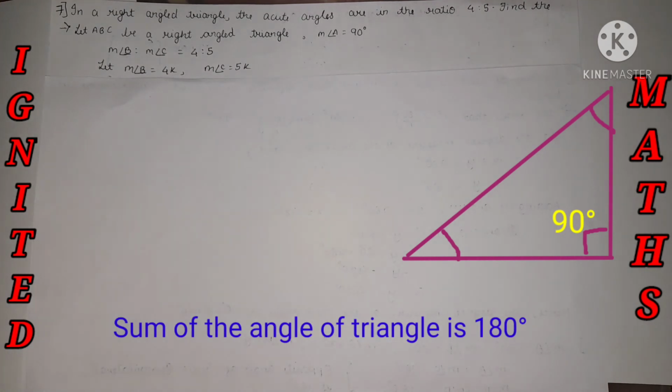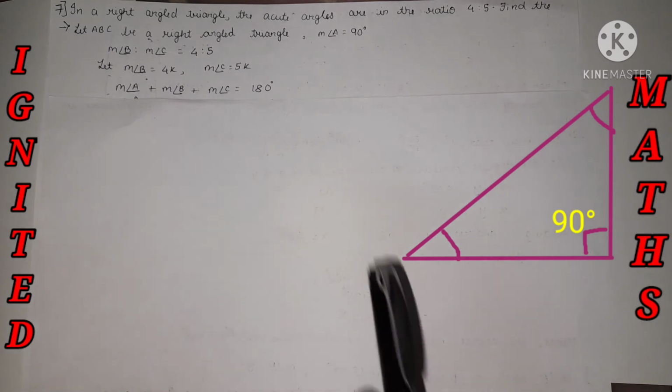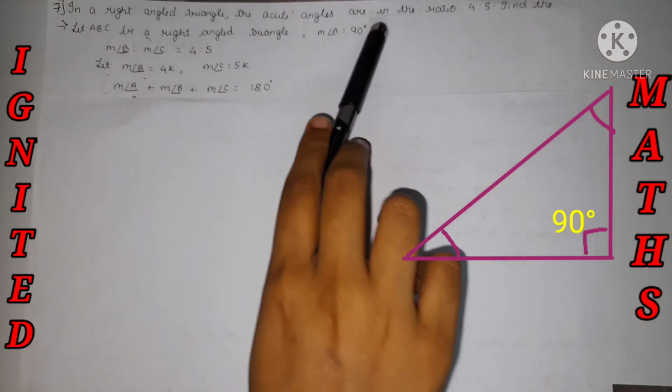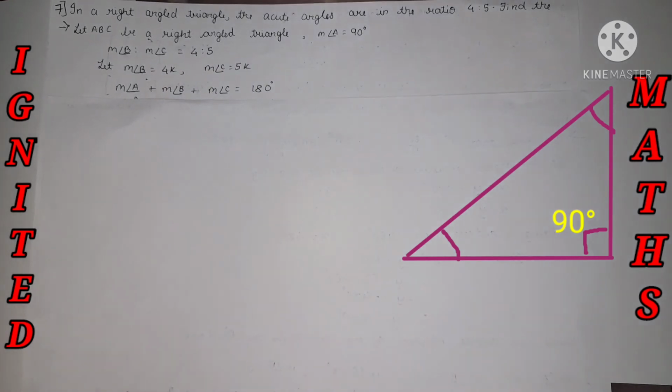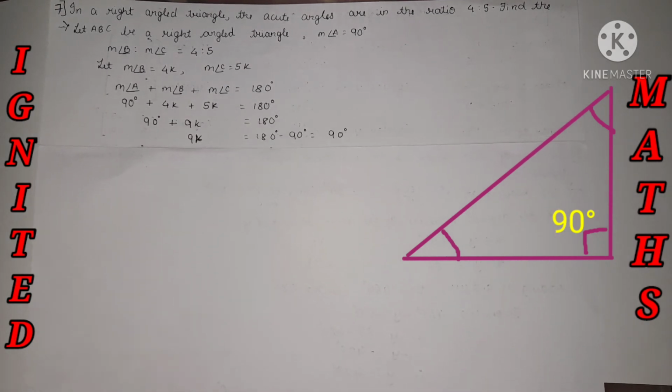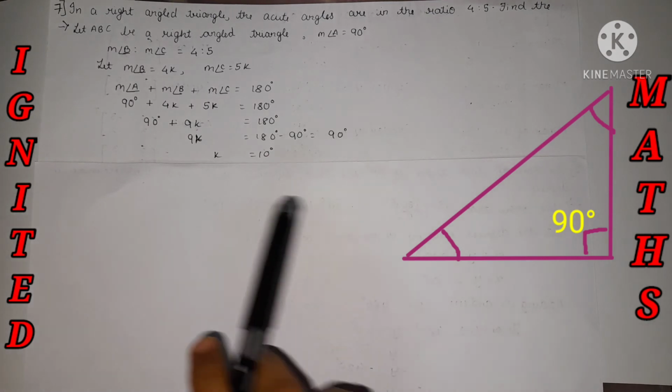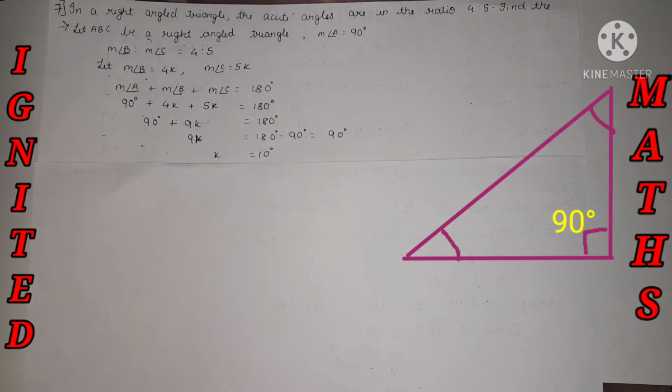Now the sum of the angles of a triangle is 180 degrees. We know one of the angles is completely 90 degrees and the rest two angles are in K form. So first we need to find the K value. By using the formula and the calculation, we get K equal to 10 degrees.